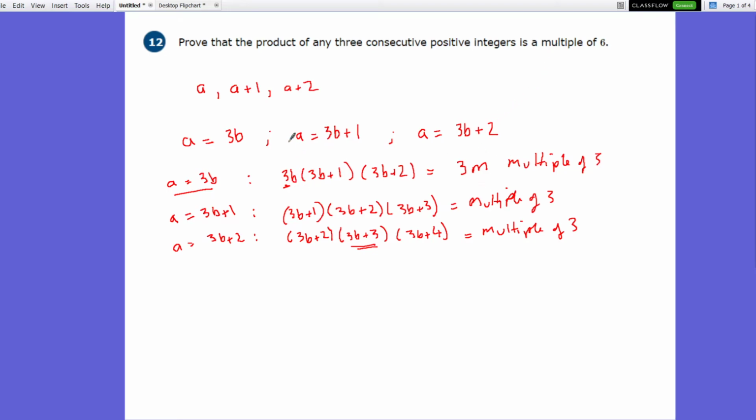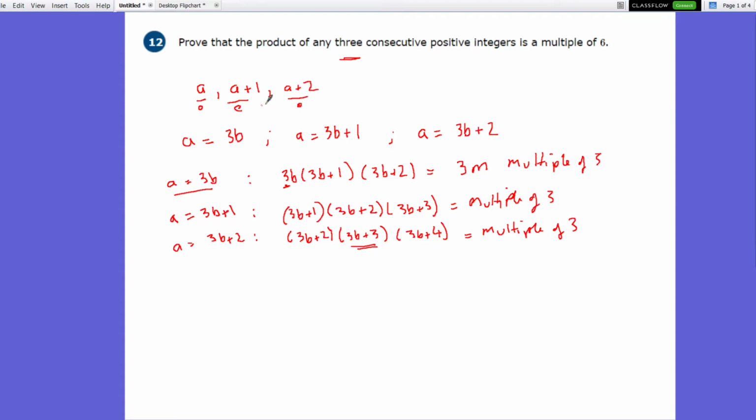The second scenario we need to look at is whether these are odd or even. When they're three consecutive terms, if I initially started off with an odd number, then the next term is even, and the third term is odd: odd, even, odd.